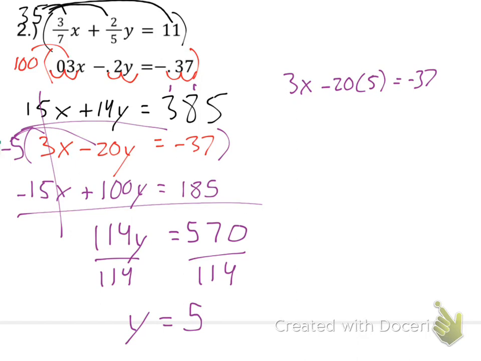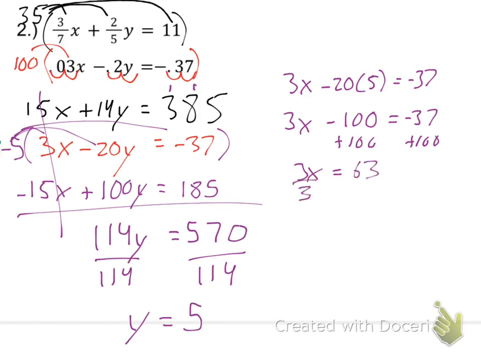Negative 20 times 5. I'm going to add 100. So 3x equals 63. Divide by 3, x equals 21. So our point is 21, 5. It is a system. Write the point.